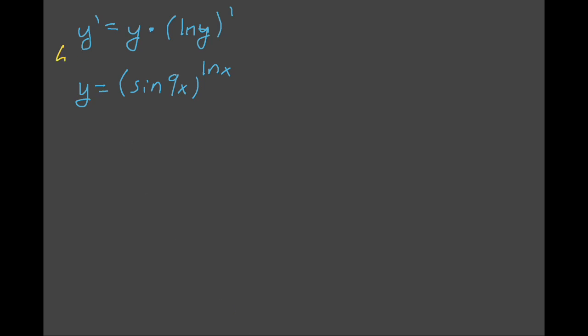Let me block that off. But as for the actual execution and getting to this point, you take the natural log of both sides. So we'll have the natural log of y is equal to the natural log of sine of 9x to the ln of x power.